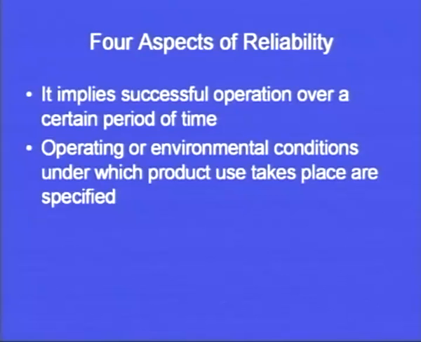Operating or environmental conditions under which product use takes place are specified. So the environmental conditions and operating conditions are all specified in the very beginning. What we have studied till now are the basic definitions of reliability, and as soon as the failure occurs, we say the product or the service has become unreliable.